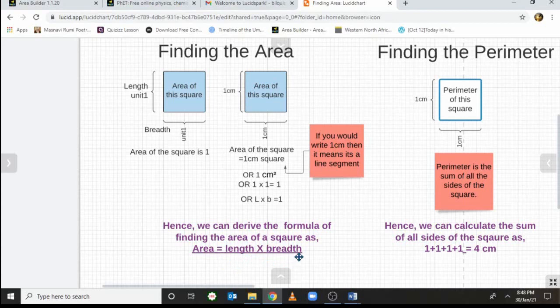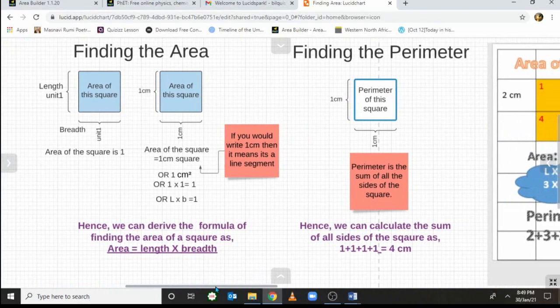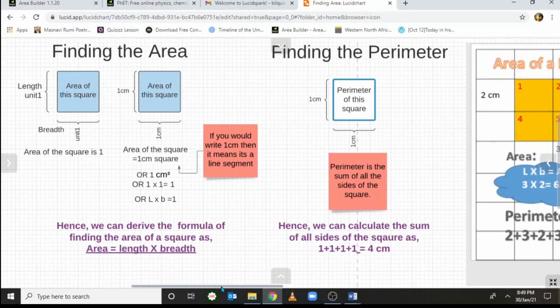Okay, let's move ahead. With area, your teacher will always ask you to find the perimeter. If area is the covered space, perimeter is the outer boundary of that shape. You see the outer boundary is colored. So these are the outer boundary or the fence of this square.